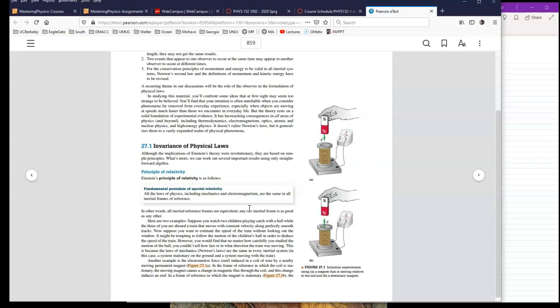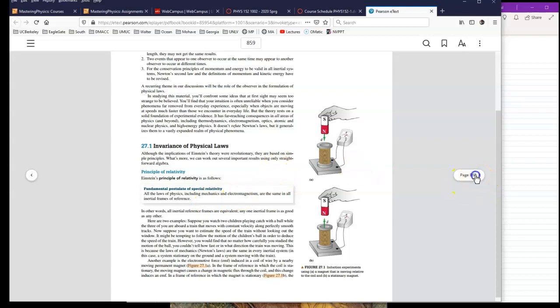In other words, if I go anywhere in the universe, whether I'm in a moving frame or a rest frame, and I do any lab experiment to come up with some law or create a model for something, I will come up with the same result. You may think it's not a big deal of a law, but that's basically what it is: all the laws of physics are valid in any frame of reference.